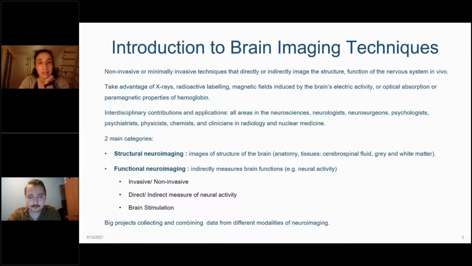And just for information, there are big projects right now collecting data from different brain imaging modalities, and basically the goal is to pull everything together and try to make sense, connect the pieces of the puzzle of how the brain works.